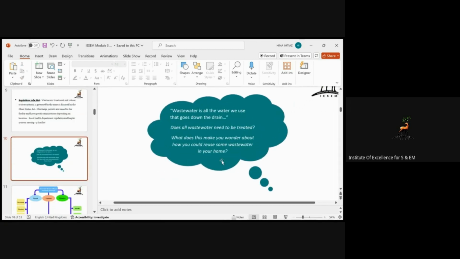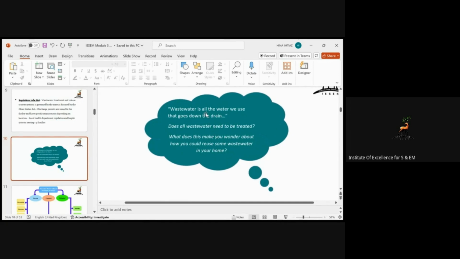Okay, so wastewater is all the water we use that goes down the drain. Here is a question for you guys. Does all the wastewater need to be treated or not?